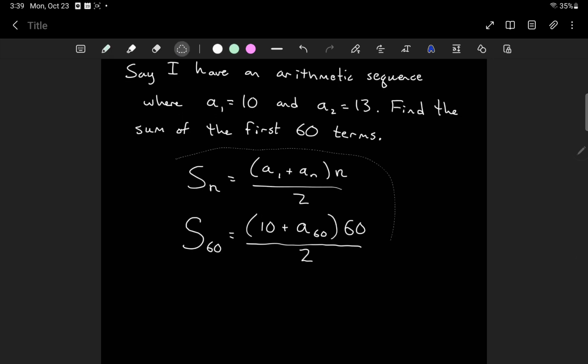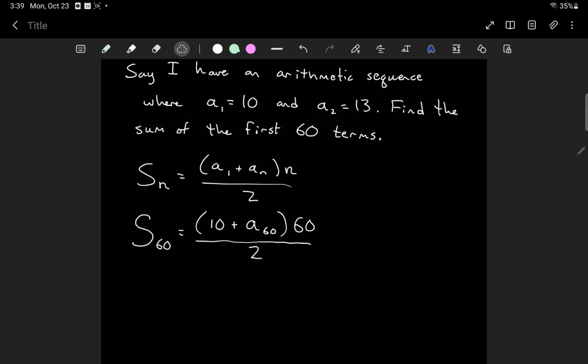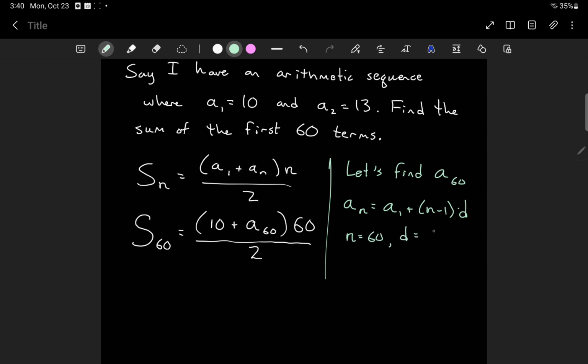I'm actually going to move this over here. Right, a sub 60. So a sub n for arithmetic sequences is a sub 1 plus n minus 1 times the common difference d. We can see here the common difference is 3. So n is equal to 60, d is equal to 3, and a1 is equal to 10.